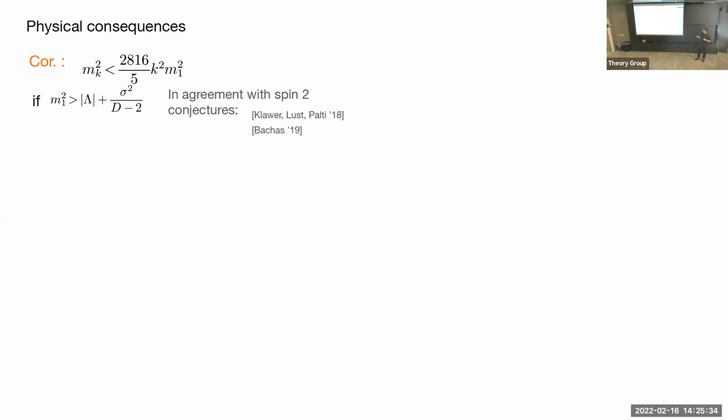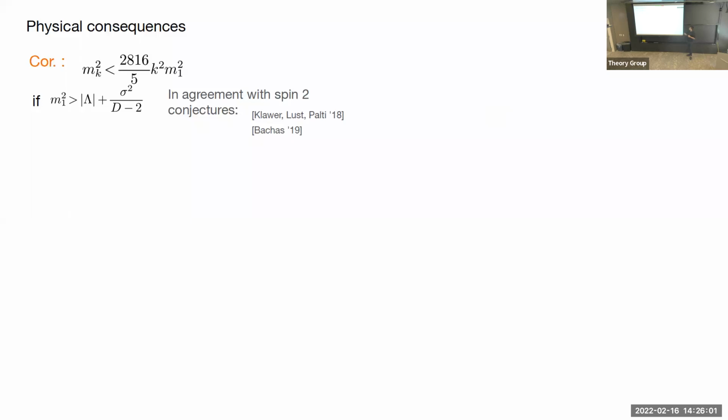And this is in agreement with some spin-2 conjectures that differ in details, but what they tell in general is that if you have an effective theory with a light spin-2 field, you expect that it breaks down at a certain point in the limit where you send this light spin-2 field's mass to 0, because there is some tower of spin-2 fields or higher that is becoming very light.